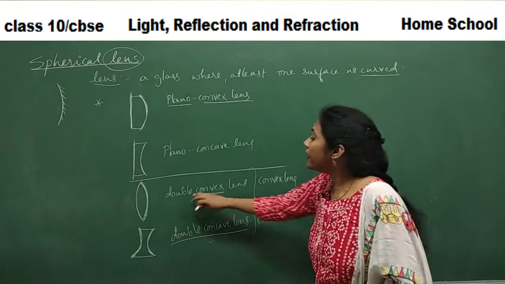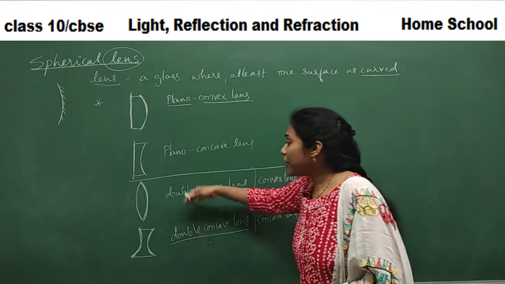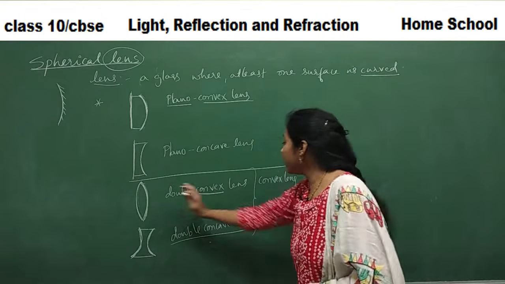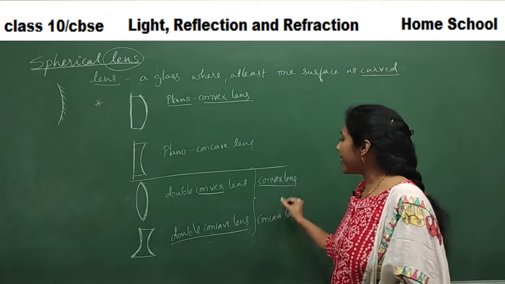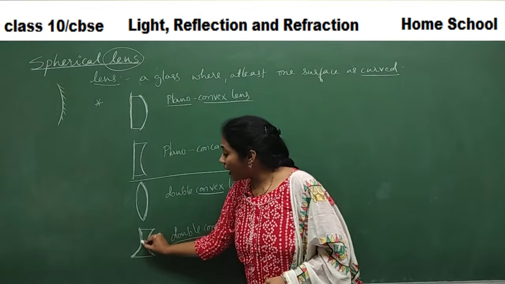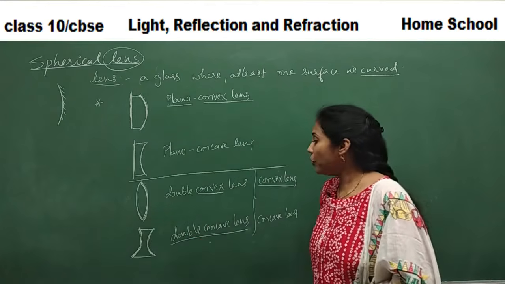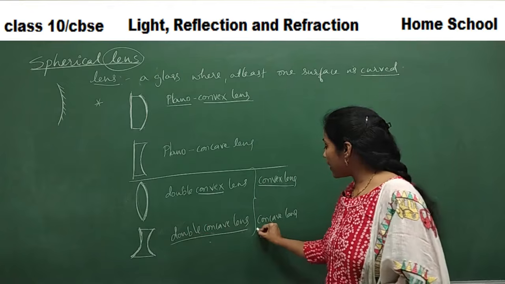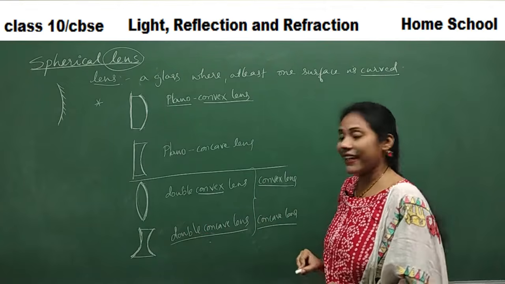Such a lens is called double convex. So instead of calling every time the double word, you can exclude that word and you can just call it as convex lens. Say if both the sides are curved inwards, they are called as double concave lens. Instead of this, you can just call it as concave lens.